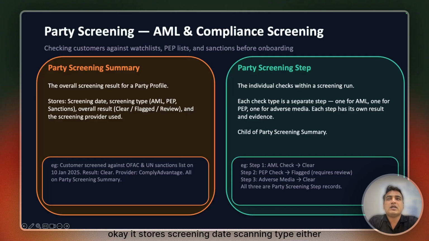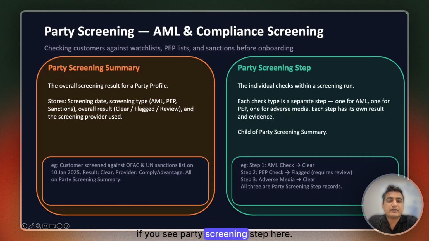It stores the screening date, the screening type, either AML, PEP, or some other kind of sanctions, the overall result, like clear, flagged, or under review, and the screening provider which is used. For example, a customer was screened against the OFAC and UN sanction lists on 10th January 2025. The result is clear, the provider is ComplyAdvantage, and all this data can be stored on a party screening summary.